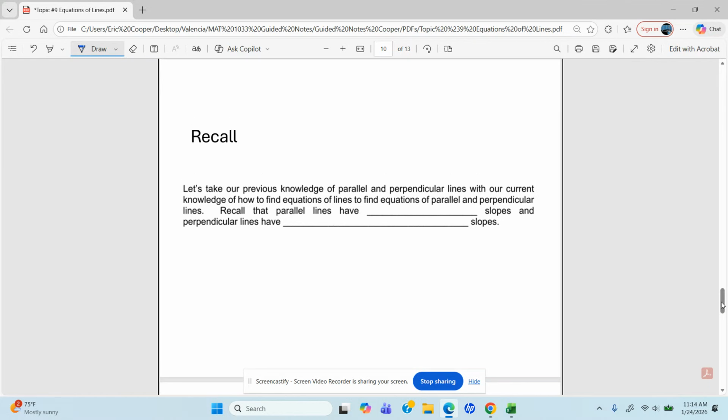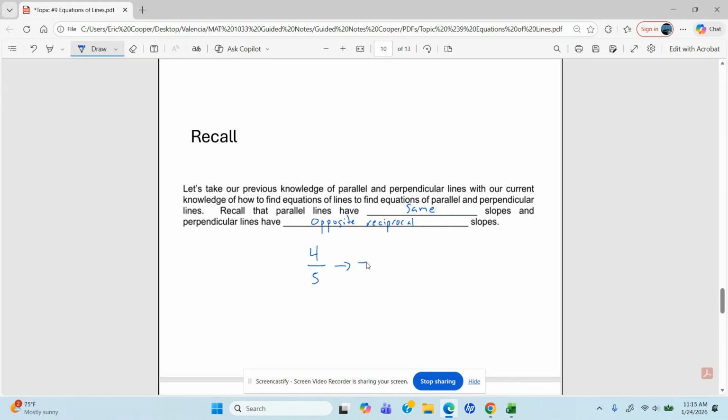Now we're going to find equations of parallel and perpendicular lines. So we have to remember about their slopes from previous lessons. We remember that if two lines are parallel, they're going to have the exact same slopes. And if two lines are perpendicular, they're going to have opposite reciprocal slopes. And again, if it's an opposite reciprocal, you take the opposite sign and you flip the fraction.